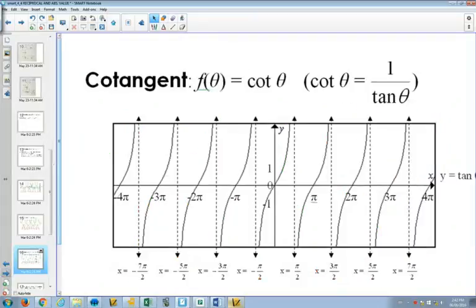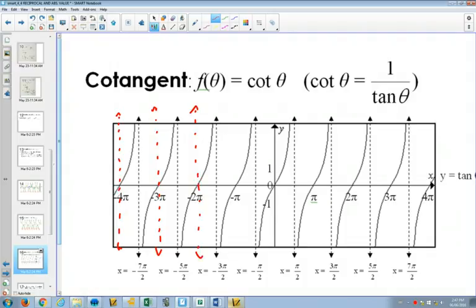Now, an interesting thing happens with cotangent. So first of all, wherever you have x-intercepts, this one you'll want to use a colored pen other than gray or black so that you can tell the difference.